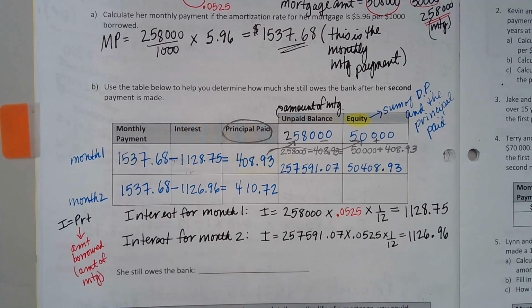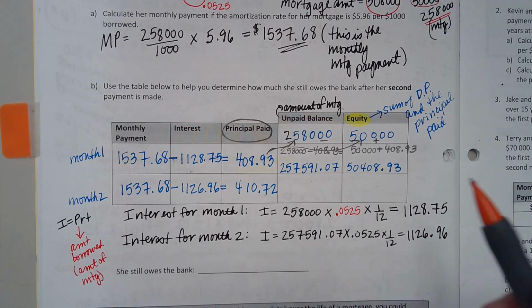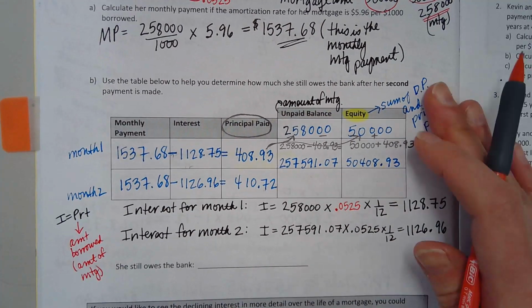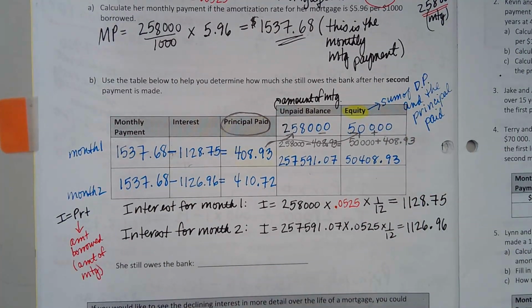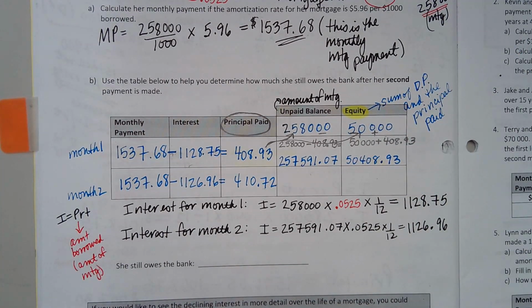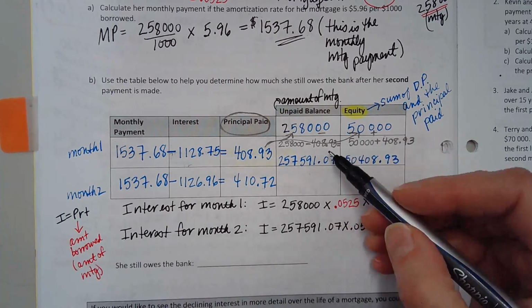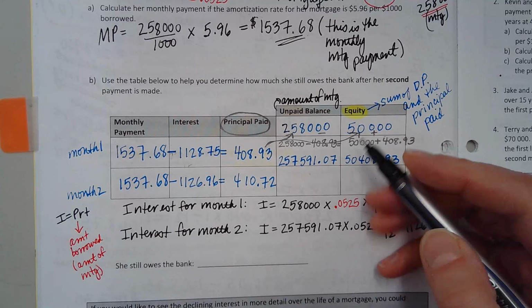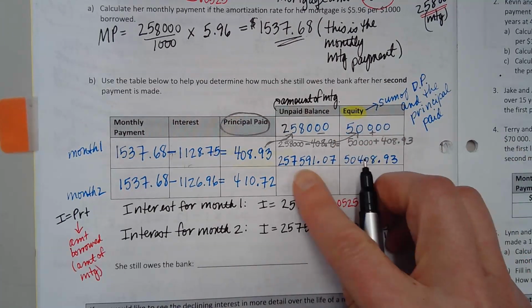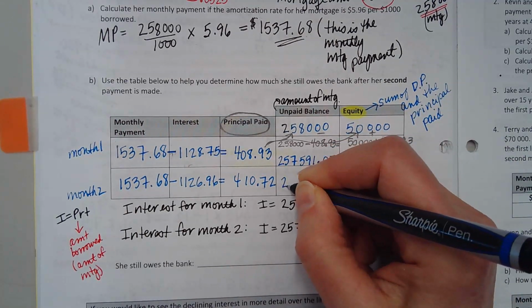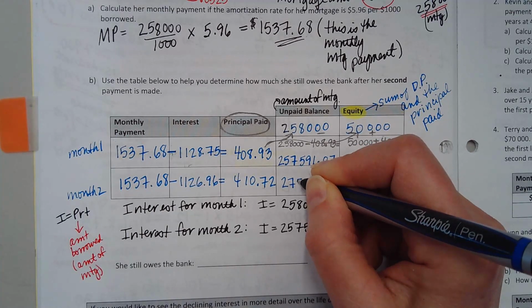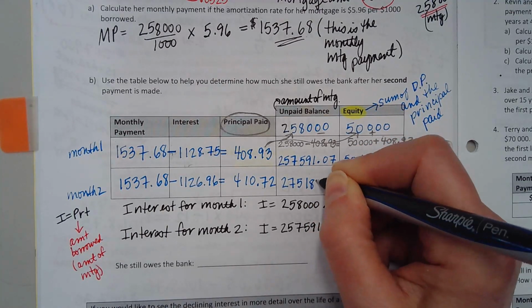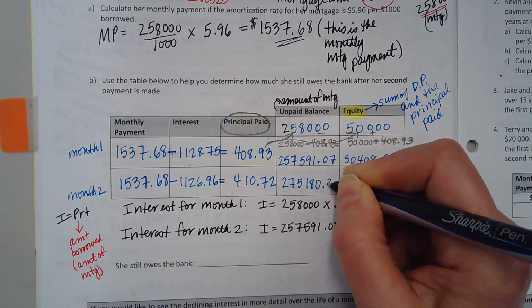Okay. So, are you ready? You want me just to record my numbers, see if you agree? This is what I got for the amount that she owes now. It's going to drop from 258 to, well, 257,591. She still owes 257,180.35.